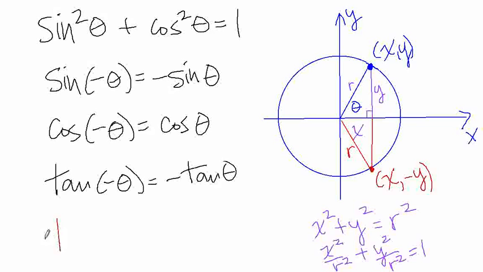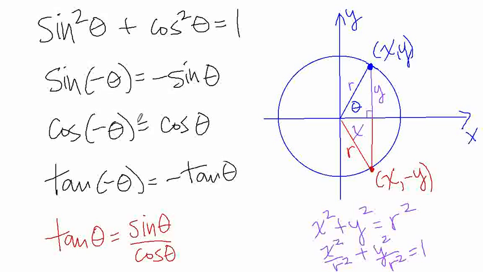And then for the last identity, you can see, if you didn't know, that the tangent of an angle, such as theta, is equal to the sine divided by the cosine. So one way to see that the last identity is true is simply by using the second and third identity.